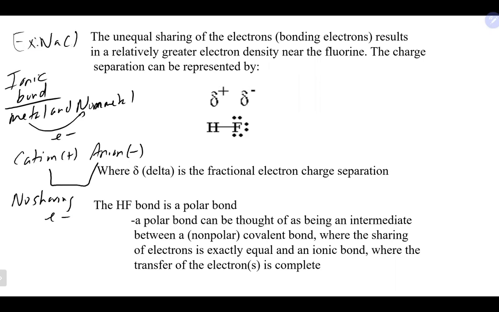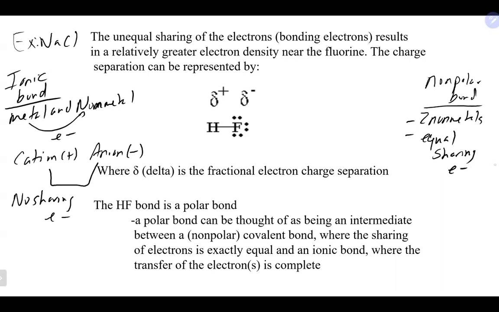On the other extreme, we have a nonpolar bond, or a nonpolar covalent bond. That is between two nonmetals. That is equal sharing of electrons, and that is something like our H2 or F2 example.